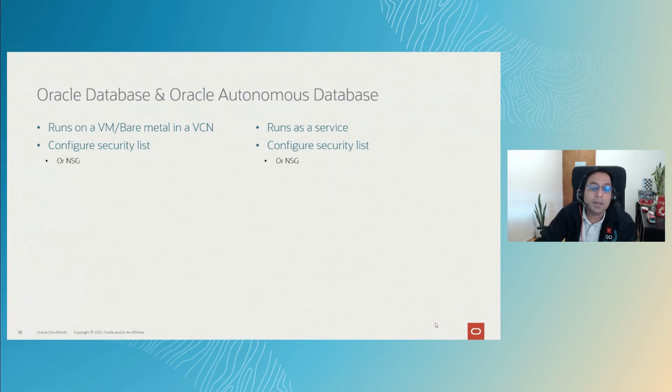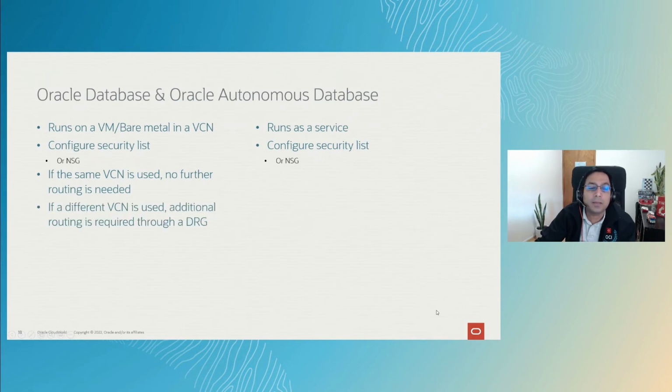Both of them, in order to access them, you need to configure security lists or NSGs. Now, for the Oracle database, if the same VCN is used as OKE, so imagine you've got your OKE cluster running in a VCN, and you have deployed the database in the same VCN, you don't need to configure any further routing.